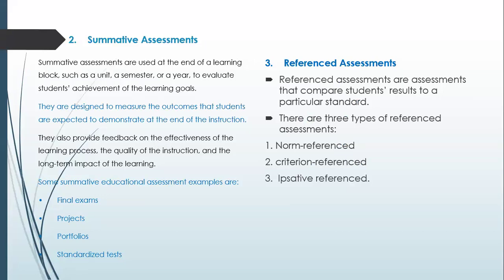Some summative educational assessment examples are, as I told you, final exams, projects, standardized tests, and portfolios. Portfolios are, if we take the educational time period as 1 year, during that year the students individually collect their assessments. Assume it is regarding art.